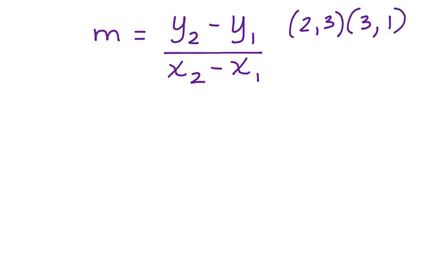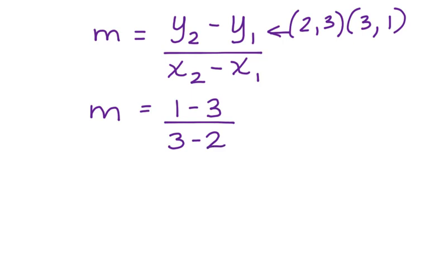Let's substitute these values into the formula. Slope is equal to 1 minus 3 over 3 minus 2. 1 minus 3 gives me a -2. 3 minus 2 is 1. So the slope of line A is -2.